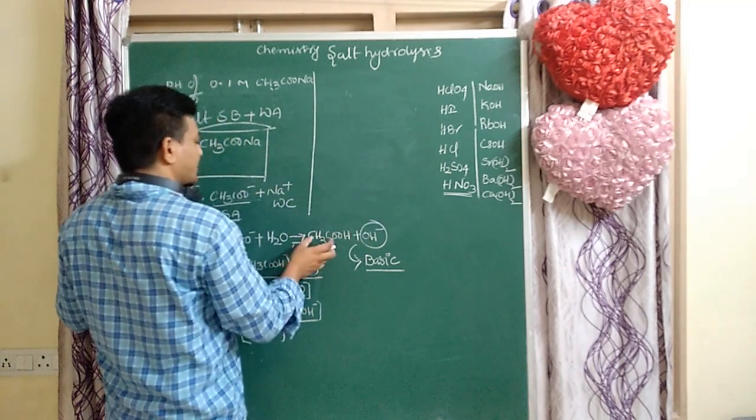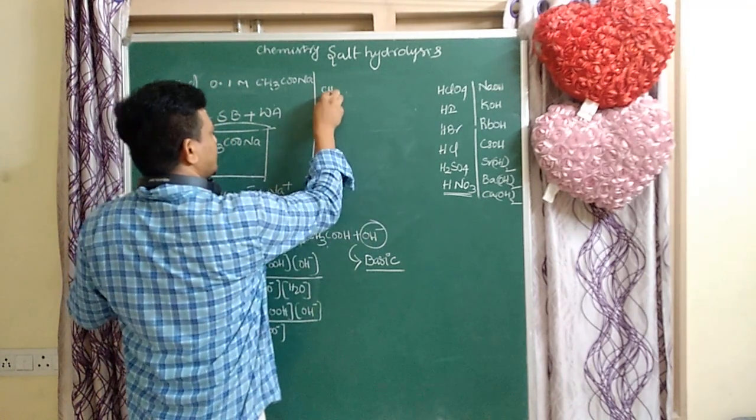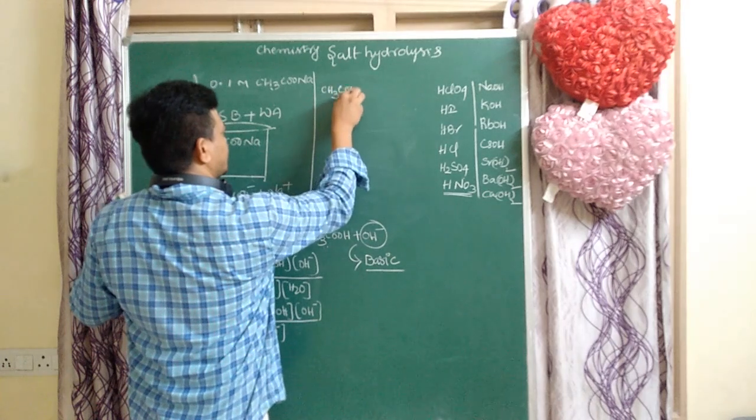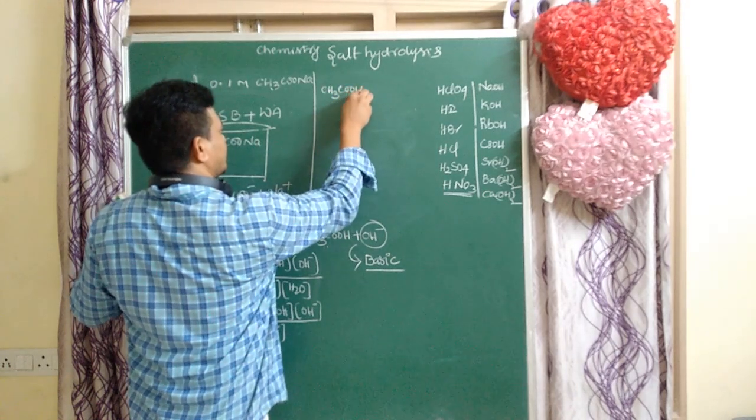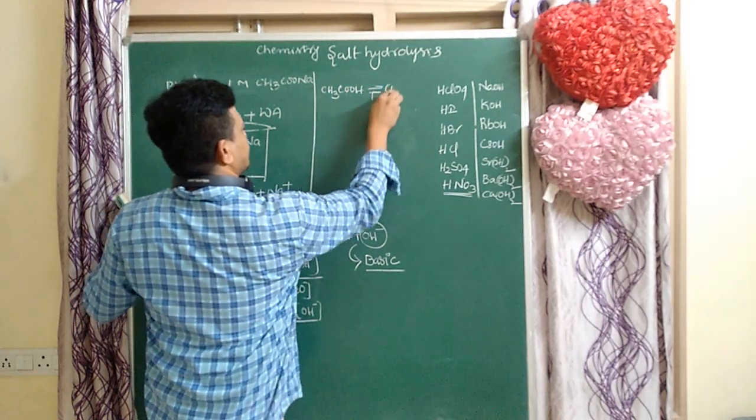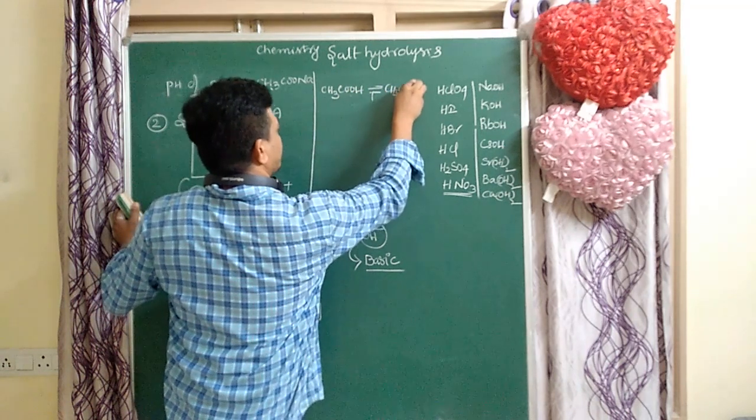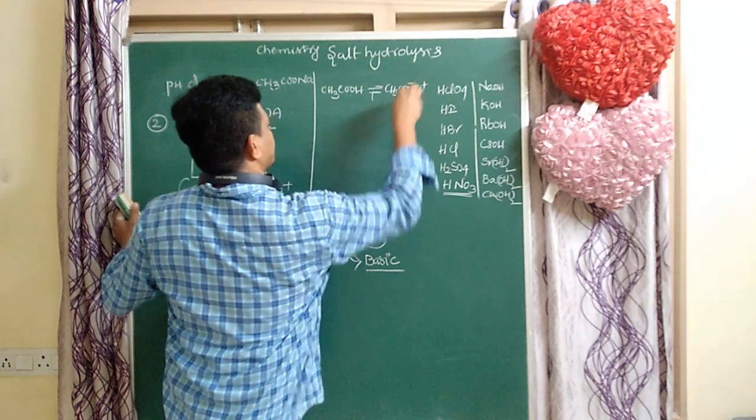Acetic acid is a weak acid and dissociates to a very small extent: CH3COOH gives CH3COO minus plus H plus.